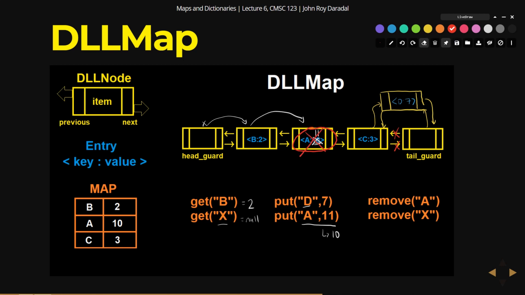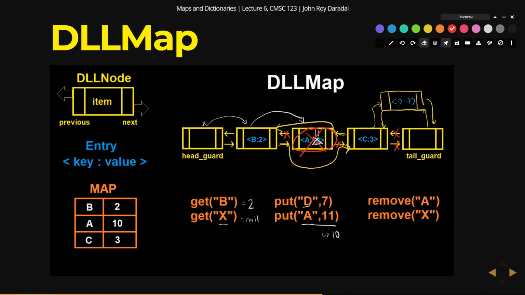And now, since we delete this node, we have to reconnect some of the nodes that will not be connected anymore. So actually, this link here will go to C3's node, and this link here will instead go to B2's node. And then these 2 links here won't exist anymore. So that is essentially how you delete the A node, by relinking B2 and C3.